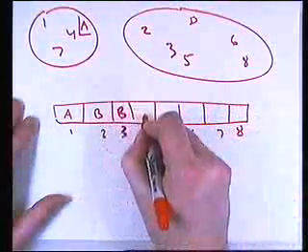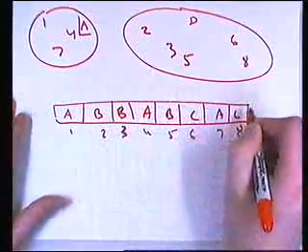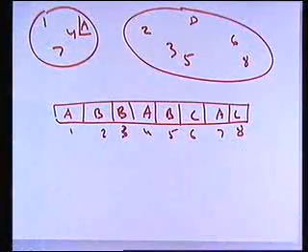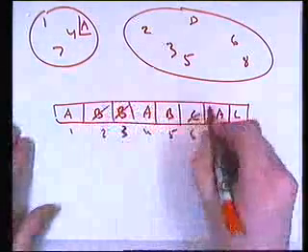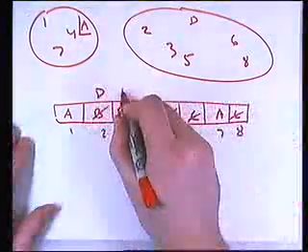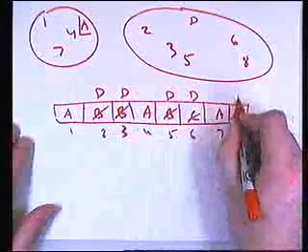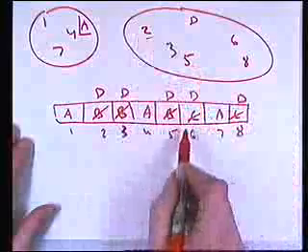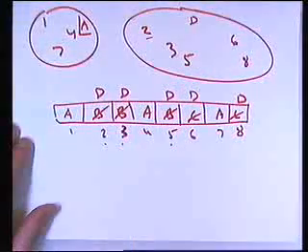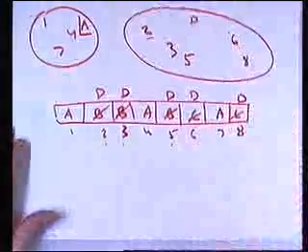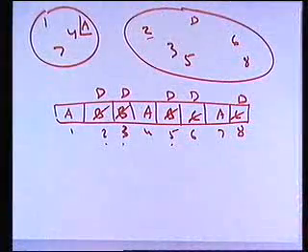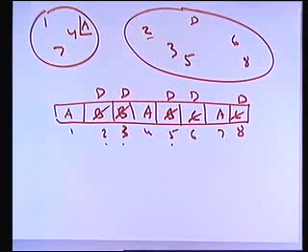In cell 3 I had B, A, B, C, A, C. What I need to do with this array is basically change this, this, this, this, and this all to D. Because elements 2, 3, and 5 used to be in set B, and now they're in set D, and elements 6 and 8 used to be in set C, and now they're in D. And the question is, what is this running time in, say, the worst case? And then what would be the average case, or even the best case? What would be the running time for this operation? I'll pause for a moment while you give that some thought.